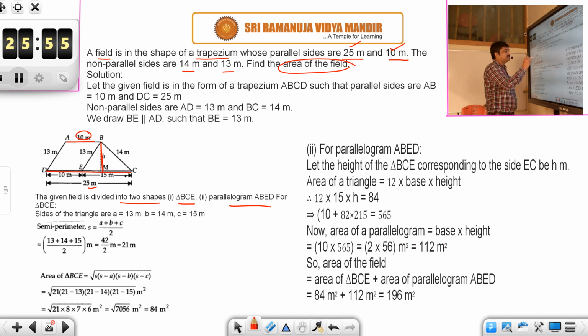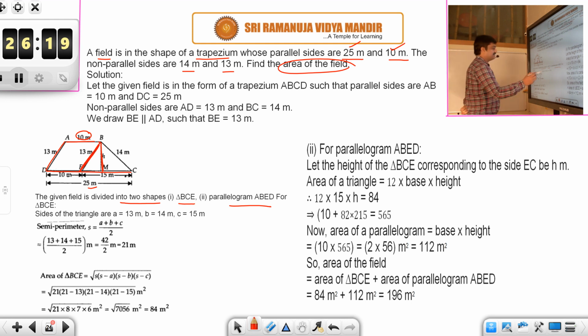Now what you will do is, we know this side is 13 meters, so construct a side with 13 meters like this. Then obviously this will become a parallelogram and this will become a triangle, right? So now individually, can we find their areas?